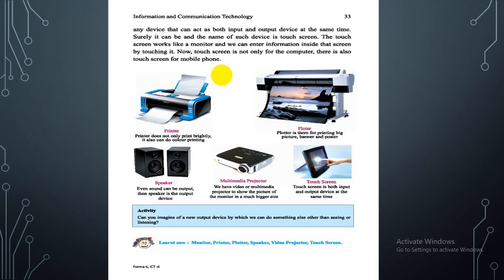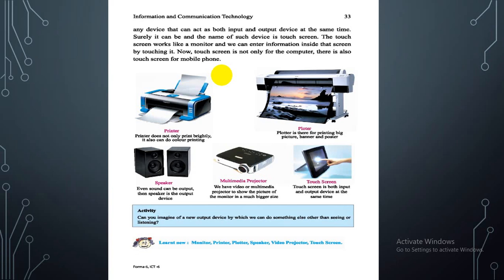To sum up, we can say we got so many output devices. The first one we got is the monitor, and the second one is the printer. Printer does not only print in black, it can also do color printing. After that, we got a bigger size that is called the plotter. Plotter is there for printing big pictures, banners, and posters. After that, we got the speaker. Even sound can be output.